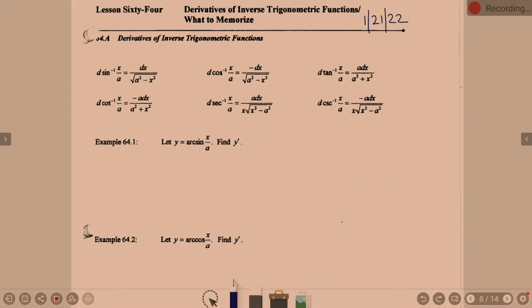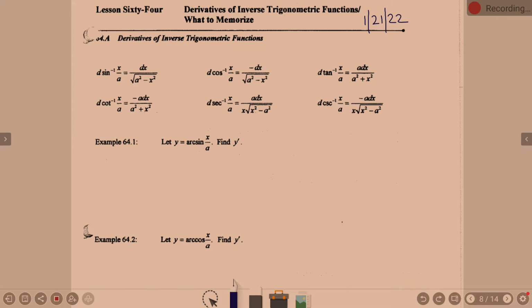Cosine as well. The others like cotangent, secant, and cosecant don't really come up. They don't fall into that memorization category as much, but sine inverse and tangent inverse do. Cosine is a lot like sine, of course, so that makes it easy to know.